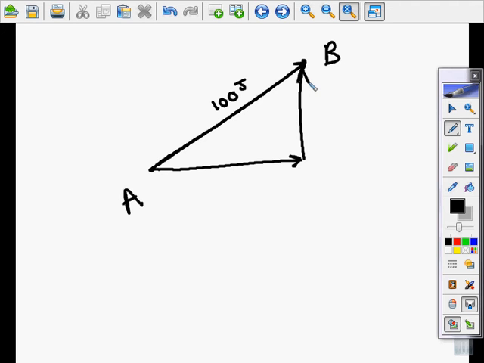Well, if the total work done to move it here and then to move it there is still 100 joules, then the work done by that force is said to be conservative.